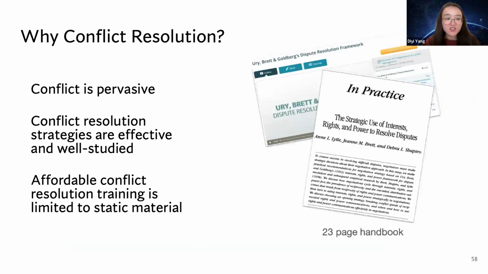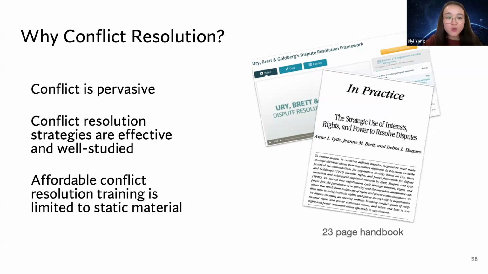One very quick question here is, why do we want to teach conflict resolution? Well, conflict is pervasive, and conflict resolution strategies are also well studied in management science and in business school contexts. However, today's conflict resolution learning or training is still limited to static material.